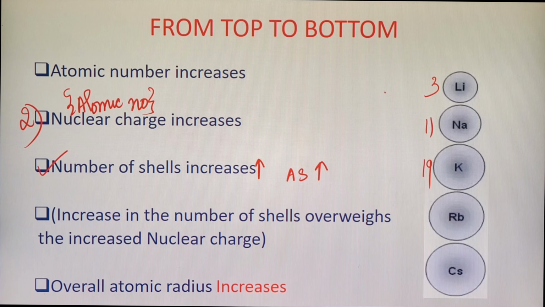So can you see here, as I go down the group, what is happening to the nuclear charge? The nuclear charge, or in other words the atomic number, is increasing. The nucleus is becoming more and more powerful.